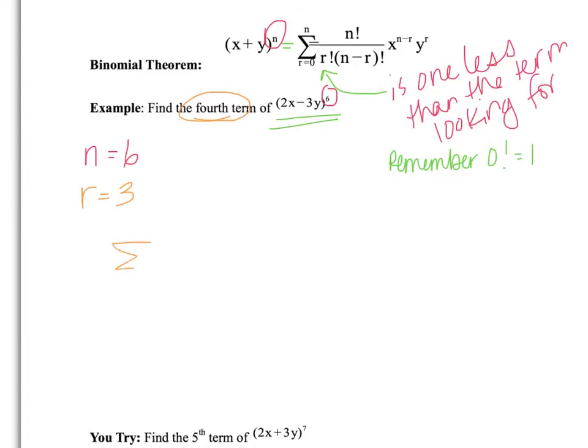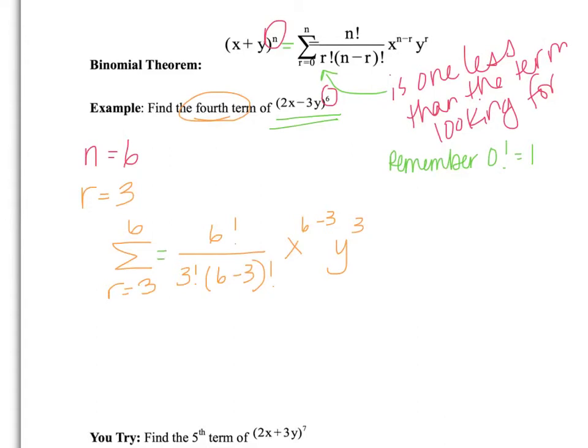So the sum where r is 3 and n is 6 is going to be n factorial, so 6 factorial over r factorial, which is 3 factorial, n minus r factorial, x to the n minus r, y to the r.